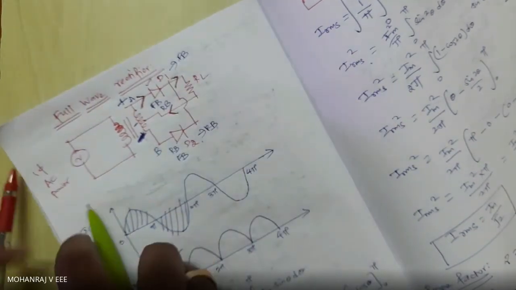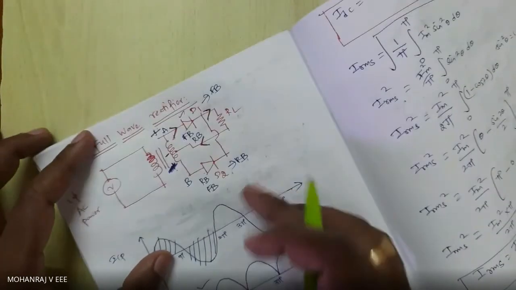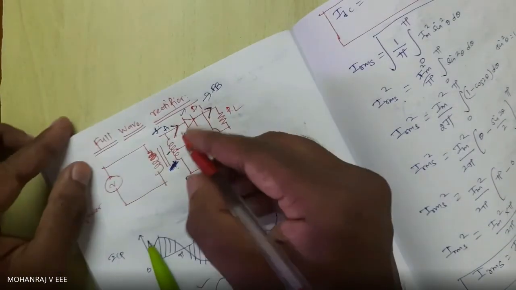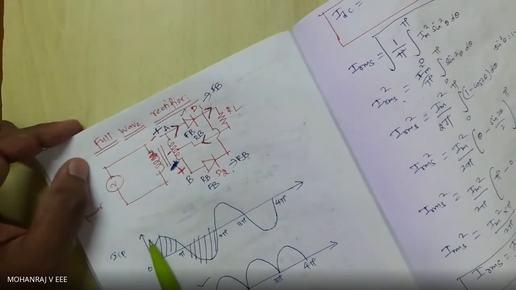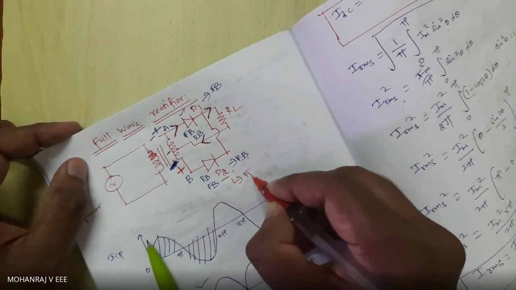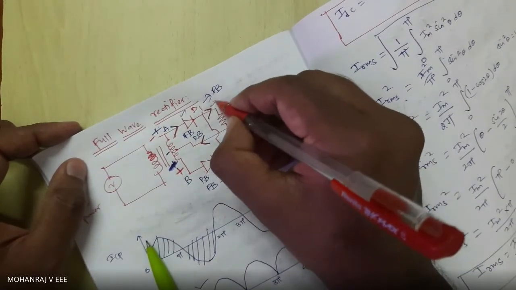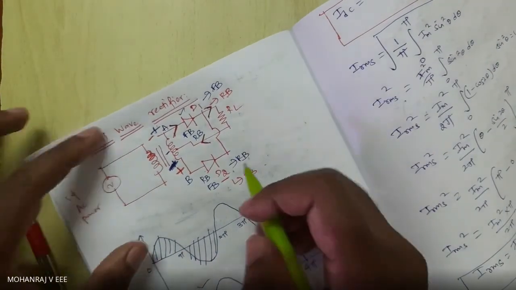Now during the negative half cycle of my input, what will happen? My B will become positive and my A will become negative. So my D2 is forward biased and my D1 is reverse biased.